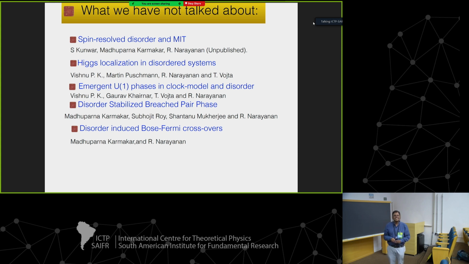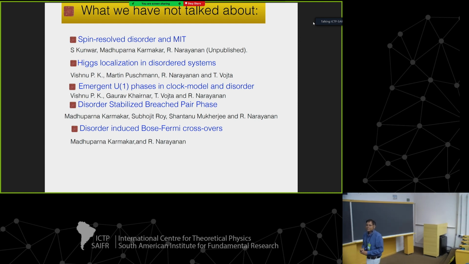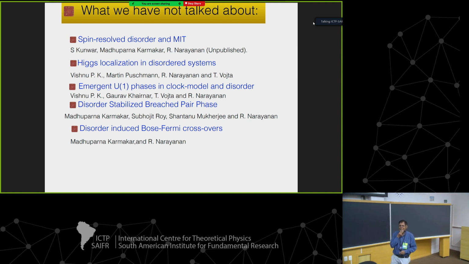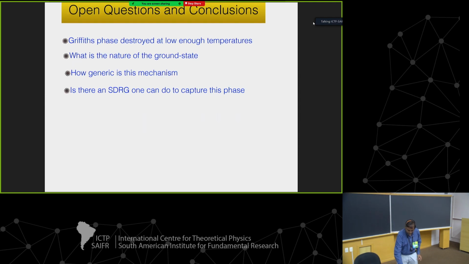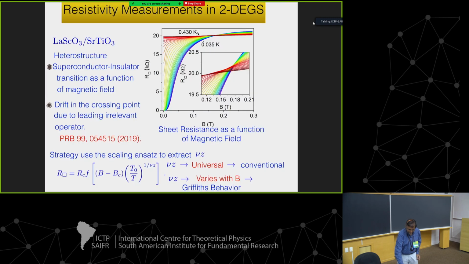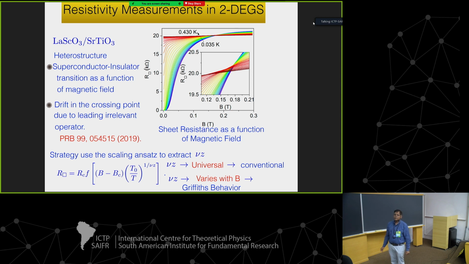Questions? Yeah, it's very interesting, and thank you for talking about our work, which I have already forgotten about. But that's something that I always thought maybe someday will become relevant. One thing that caught my eye, if you can go back to the first experimental slide, I want to ask a question about experiments, which I'm confused about. In a standard superconducting film, you see a resistivity dropping either to 0 or it goes up. There is no curve that goes down to a finite value saturation like this.